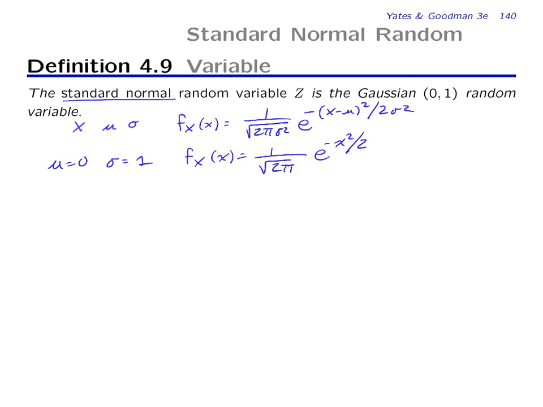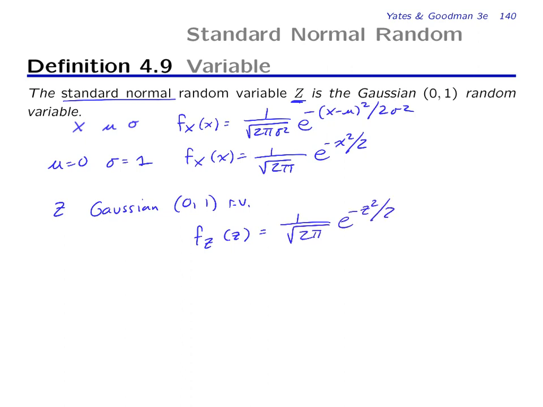And typically we use the letter z to denote it. So z typically is the Gaussian 0, 1 random variable, and f_Z of z is 1 over square root of 2 pi e to the minus z squared over 2.